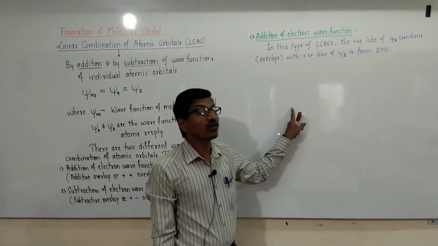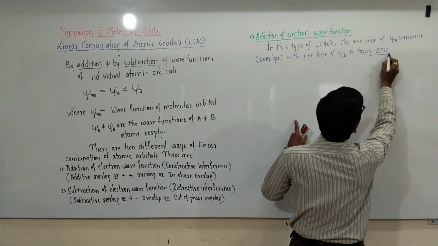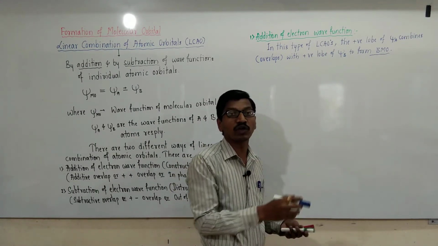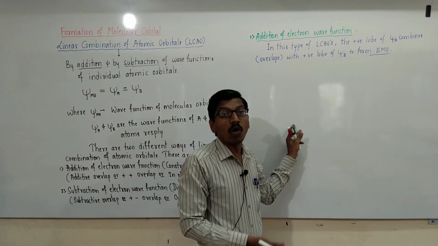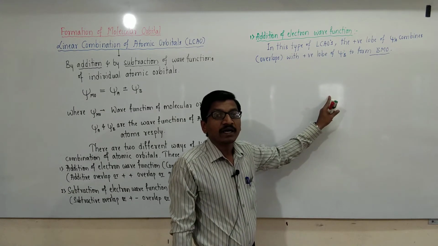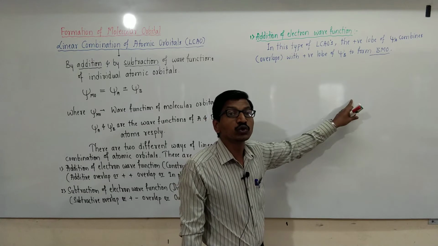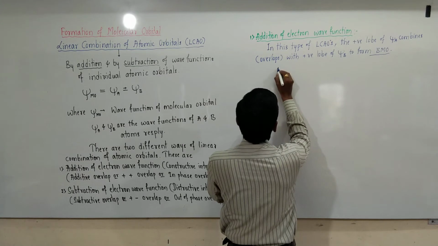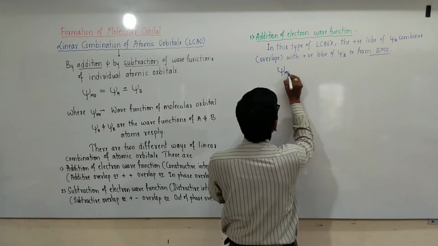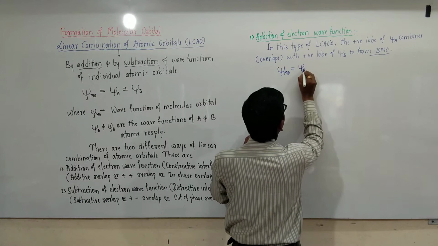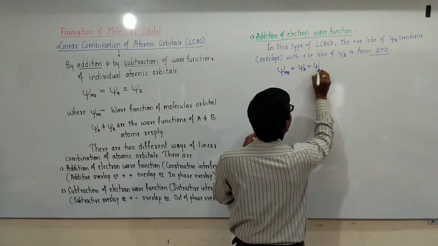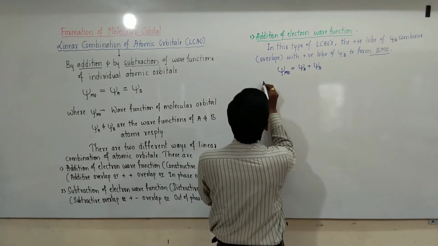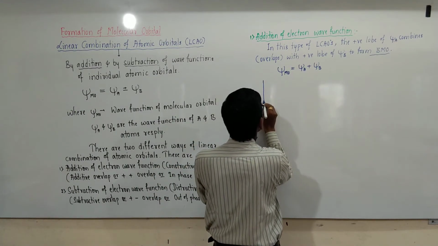Addition of electron wave function gives a bonding molecular orbital. That is represented by psi MO is equal to psi A plus psi B. Addition of wave function. This is graphically represented like this.